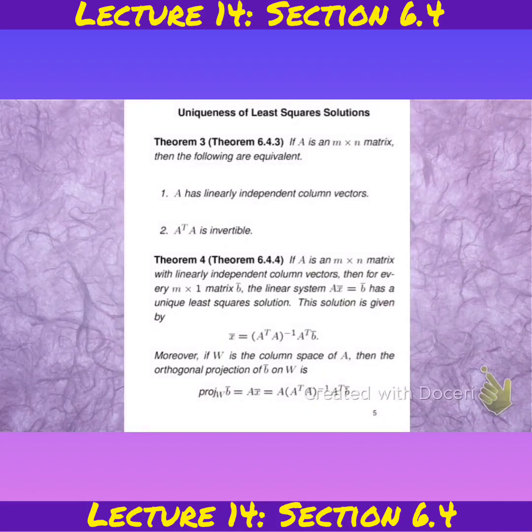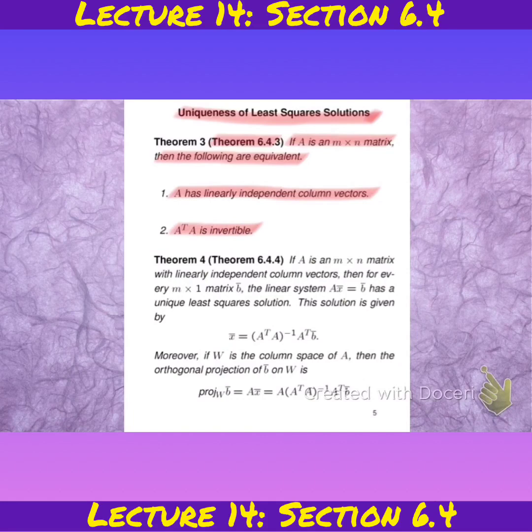Okay, that brings us to the next theorem, the uniqueness of the least squares solutions. Right, so theorem 3 says that if A is an m by n matrix, then the following statements are mathematically equivalent: A has linearly independent column vectors, and A transpose A is invertible.